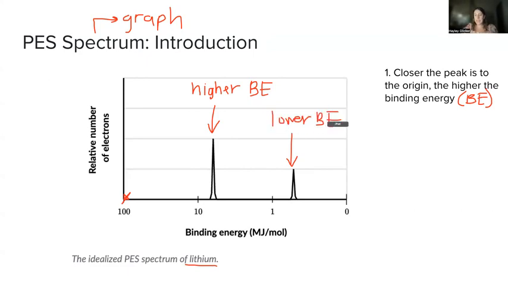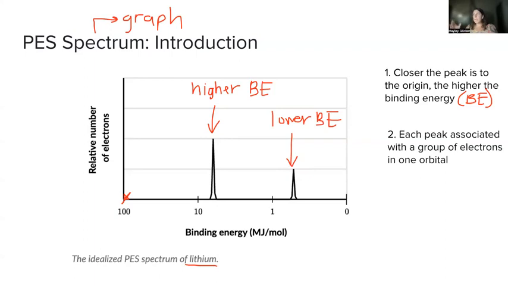What that indicates to us is that the electrons associated with this peak came from an orbital closer to the nucleus. Each peak is associated with a group of electrons in one specific orbital.